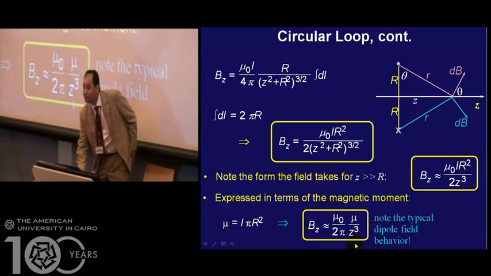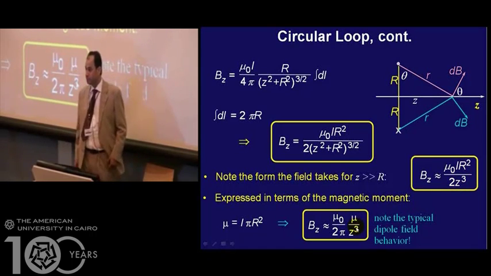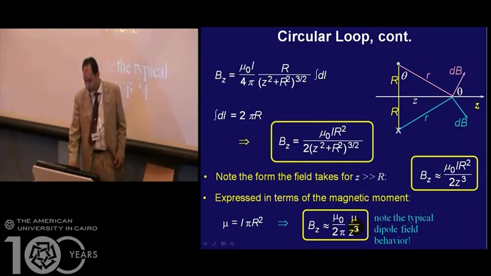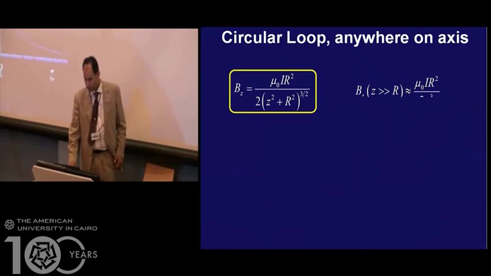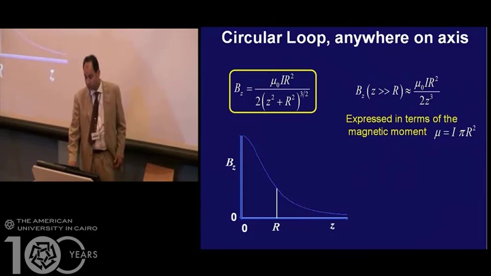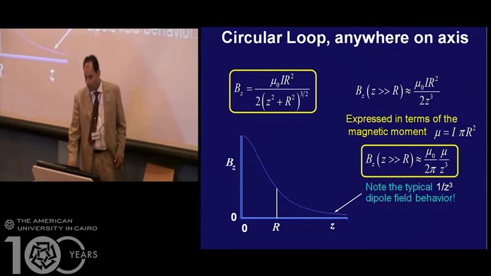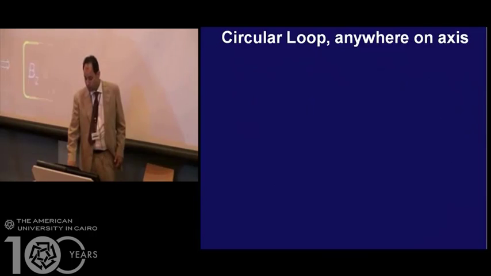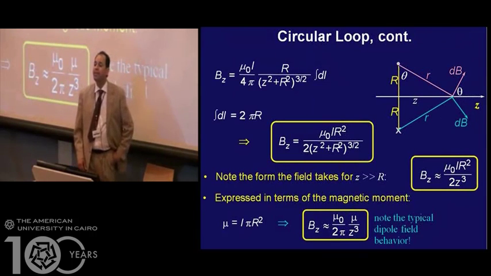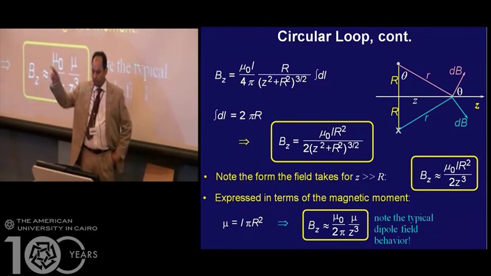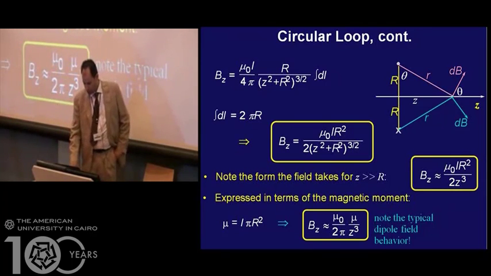That's what I did in that equation. All I did was multiply by pi and divide by pi, and got that magnetic dipole moment. Okay, guys? That's the permeability of the medium. It's like epsilon 0 in electricity. Yeah, it's constant. Okay, guys.